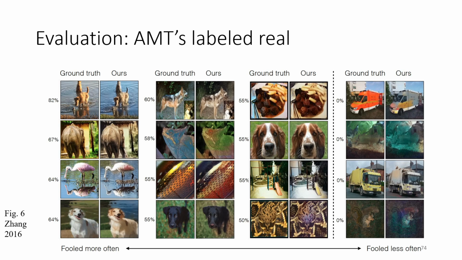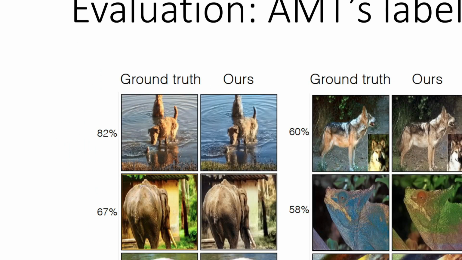Given a ground truth image, and let me enlarge it, they will generate the grayscale channel, and they will use their method to create a color image, and then they ask the Mechanical Turkers, is this a true image or a generated image? And for some images, they get this result.